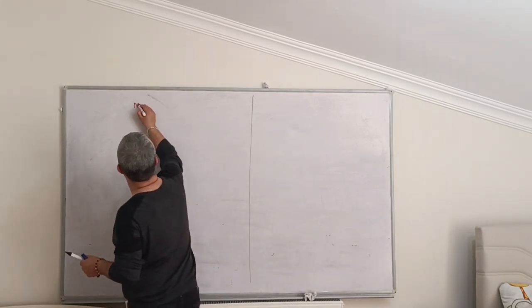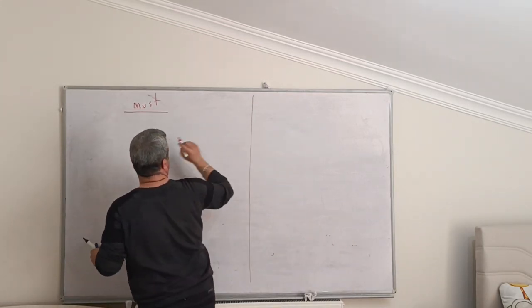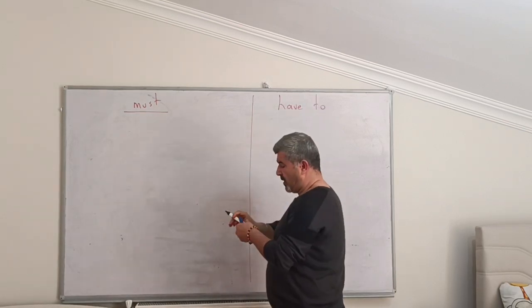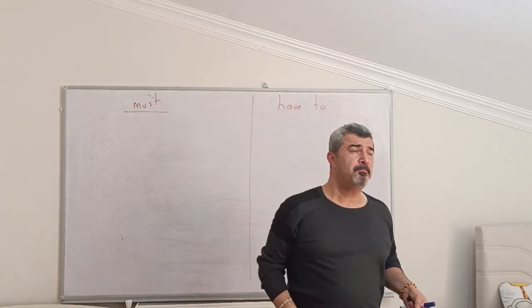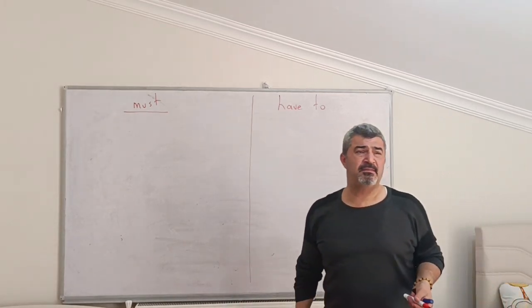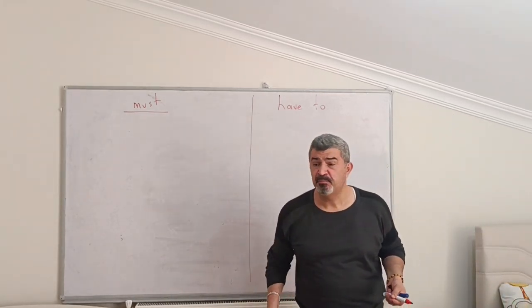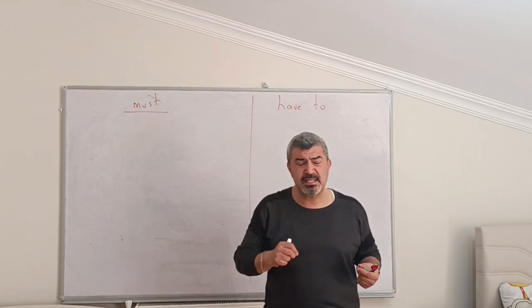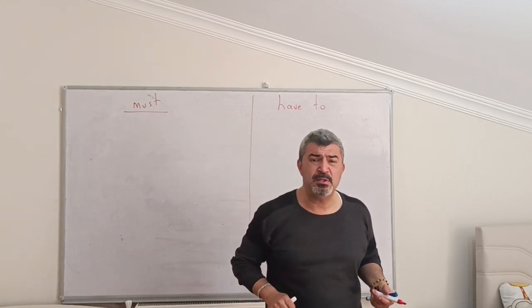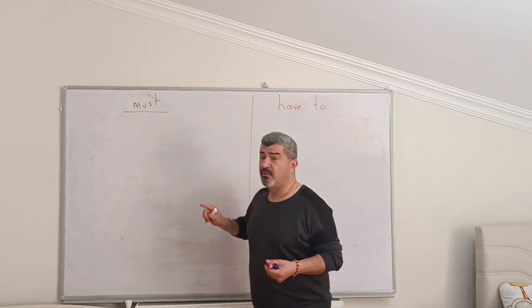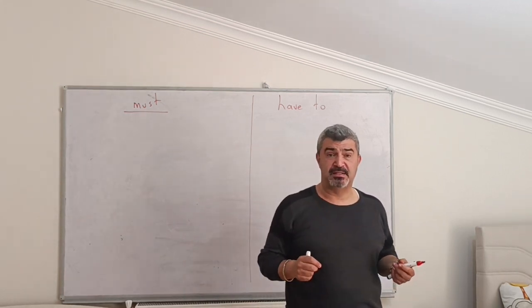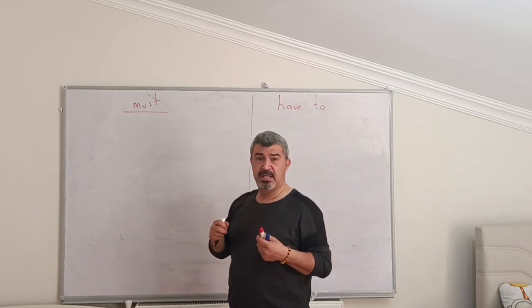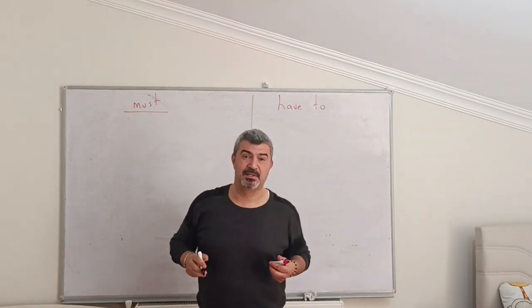Let me start with must. Here is must, and here is have to. Okay, must. What can we say about must? Must is an obligation. As I said before, 4 or 5 minutes ago, we use should for suggestions. Should is not so strong, but must is stronger than should.